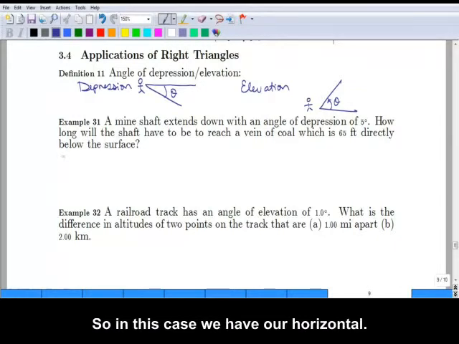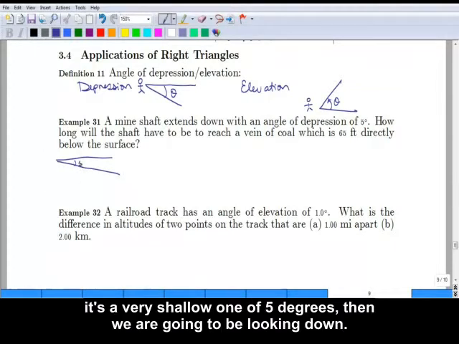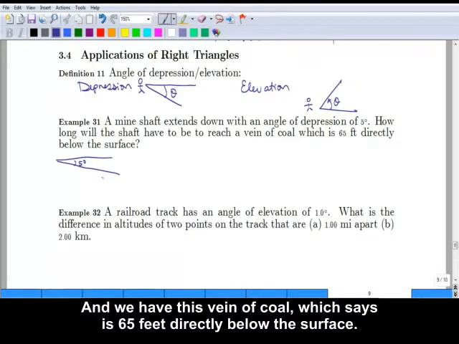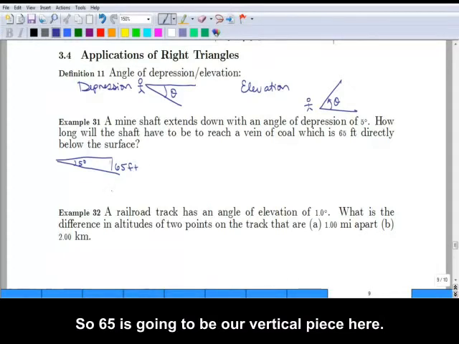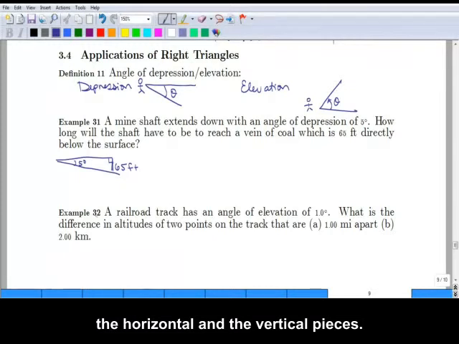So in this case, we have our horizontal. Since we have an angle of depression, and again it's a very shallow one of 5 degrees, then we're going to be looking down, and we have this vein of coal which is 65 feet directly below the surface. So 65 is going to be our vertical piece here, and our right angle is going to be formed between the horizontal and the vertical pieces.